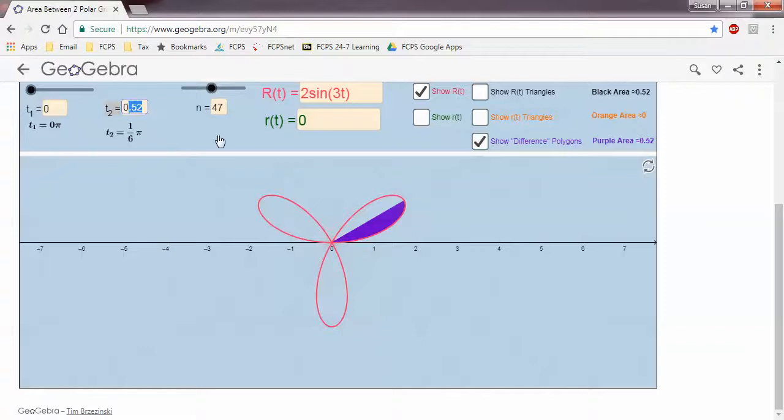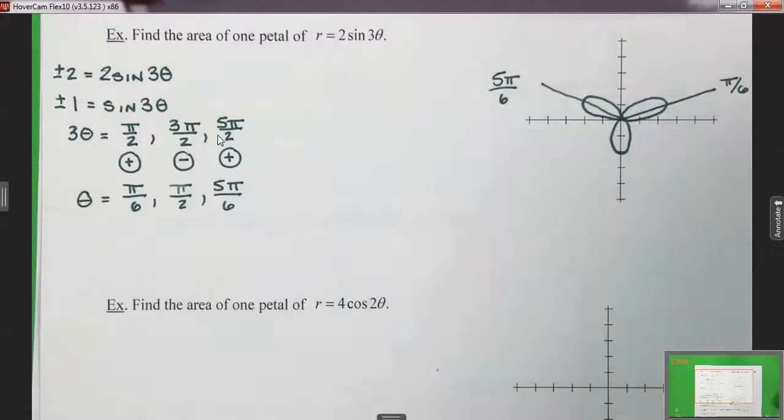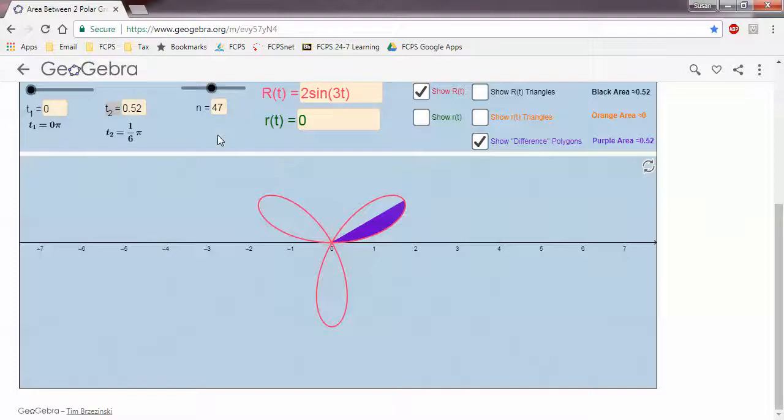Actually, you could find 0 to pi over 6 and then do what? The question says one petal, but if I wanted to find all 6 petals, then I can multiply by 6. If I did 0 to pi over 6 for one petal, I could just multiply that by 2 and get the other part.